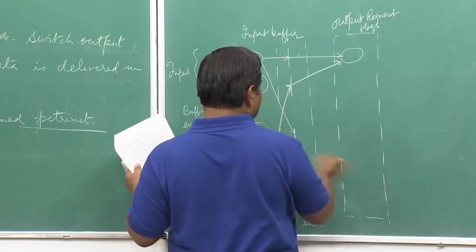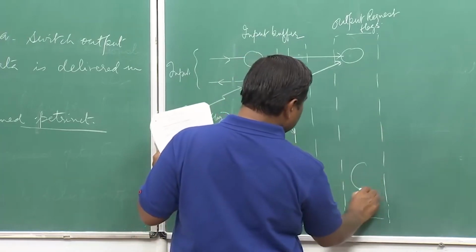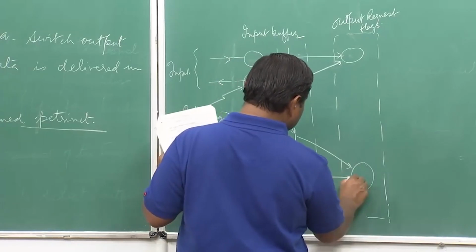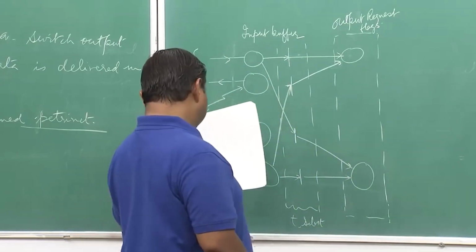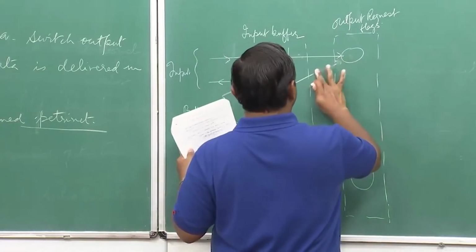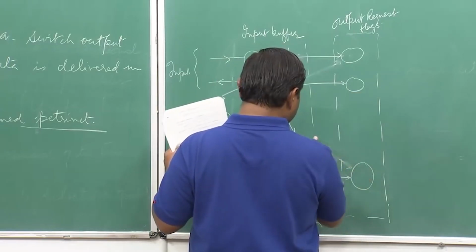Similarly, we will have this on this side, because this packet can also go to this side, and I will have another output request flag which will go in this fashion.